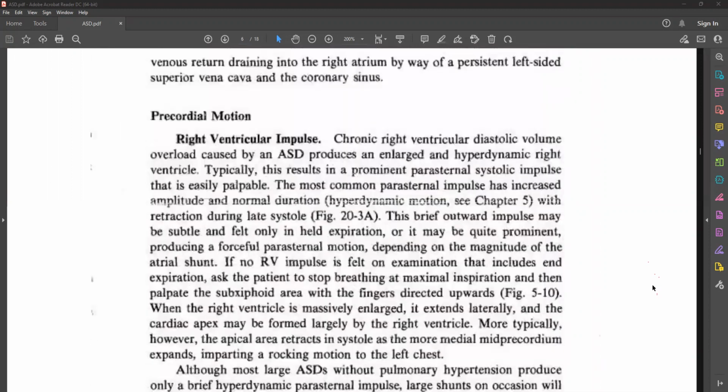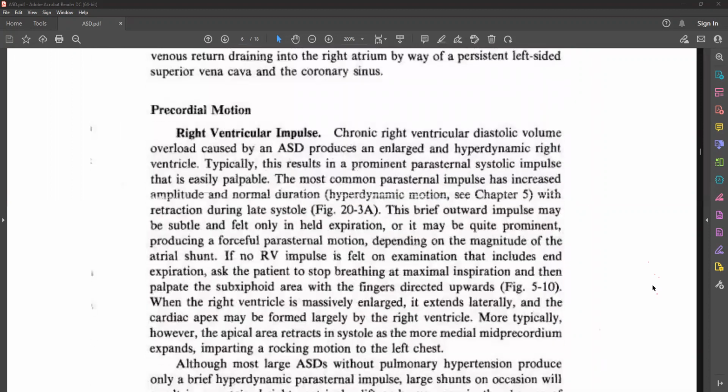Next is the right ventricular impulse. Quite often we know that whenever there is a right ventricular impulse, we attribute it to pulmonary hypertension, as we see in say mitral stenosis, where we worry about it only when there is pulmonary hypertension.